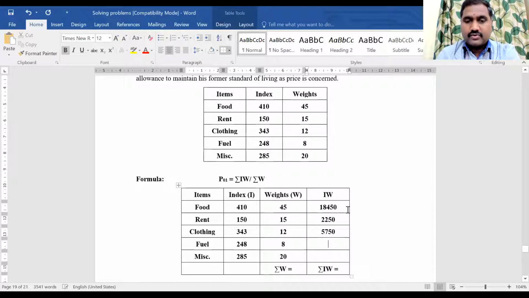Okay, 248 into 8. 1,984. And 285 into 20. 5,700.